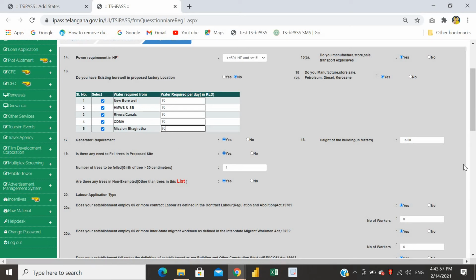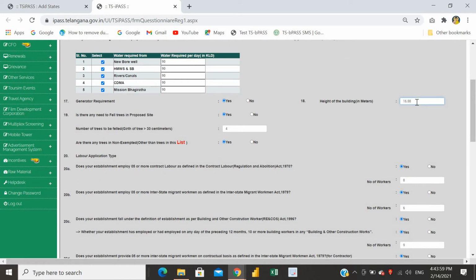So height of the building. If it is less than 15 meters, you need not take an approval. Generally for industrial buildings, there is a height restriction. Many of us don't know that. Above 18 meters, any industrial establishment is not permitted. Only 15 to 18 meters for some particular industries is permitted.